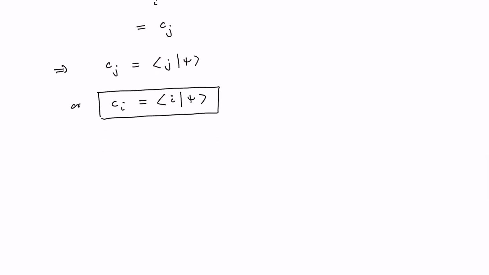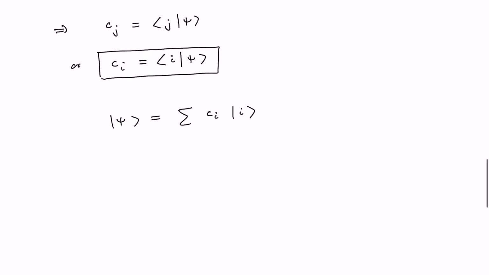So now, using this, I can write this arbitrary state as a superposition where I have Ci ket I. Now instead of Ci, which is just a number, I write the scalar product of I with psi, and because it is a number, I can take it to this side also.